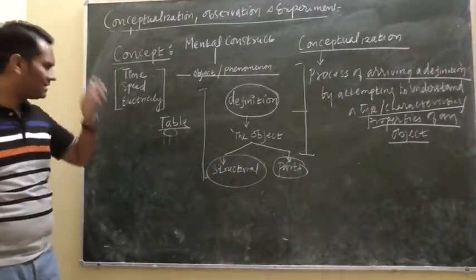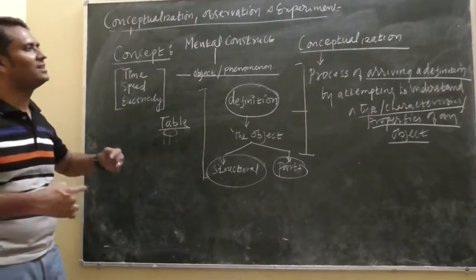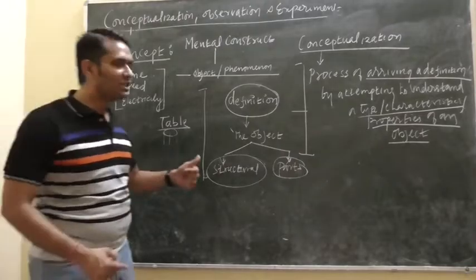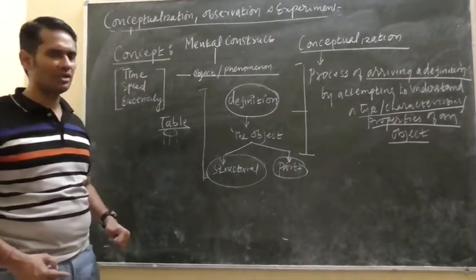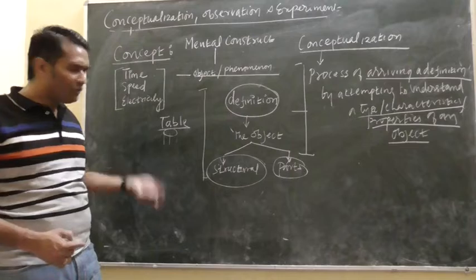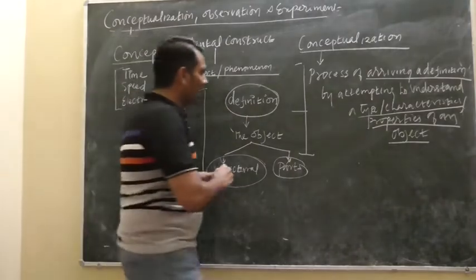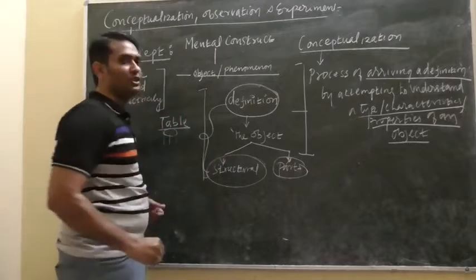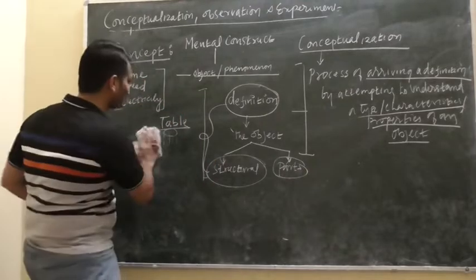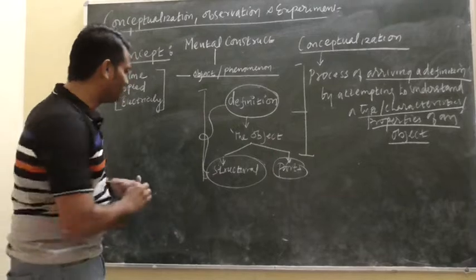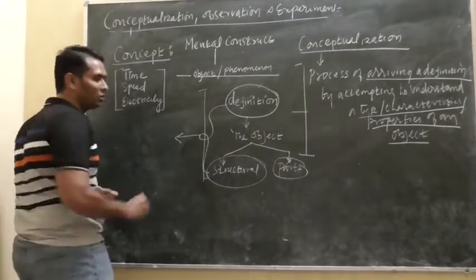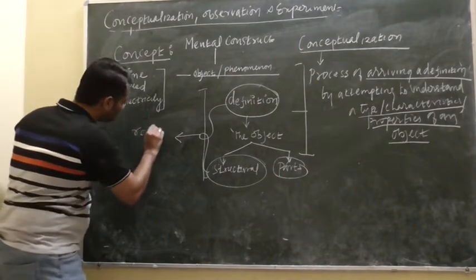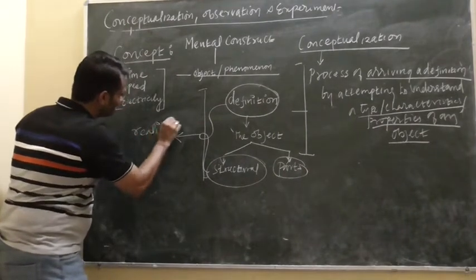The next idea is, how do we understand this conceptualization? How do we understand the concept? Once you define the concept, or once you define the object, the next part is how we are going to understand this. It should really reflect in reality. Whatever definition you are able to define, you should be able to see it in reality.